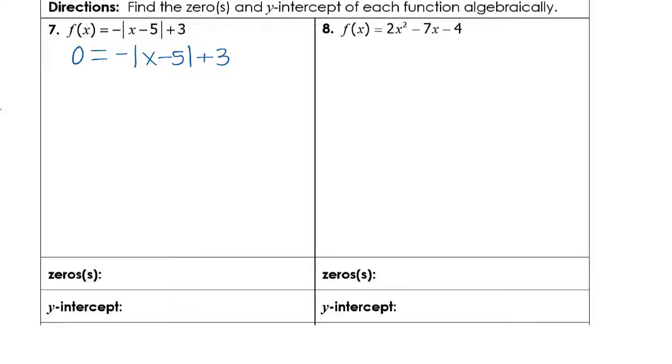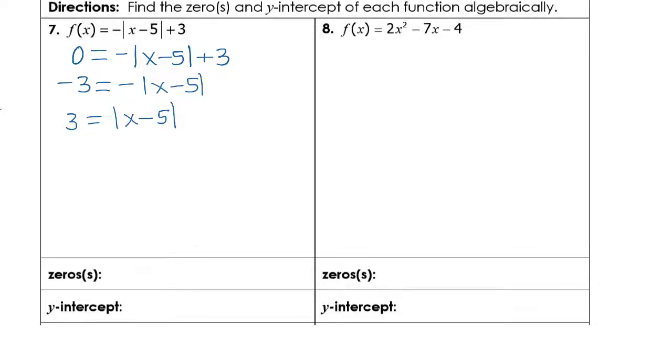Again, we're solving for x, so I'm going to subtract 3 over to the other side. So I have negative 3 equals negative absolute value of x minus 5. Those negatives would cancel each other out, or you divide or multiply by negative 1. So I have 3 equals the absolute value of x minus 5.